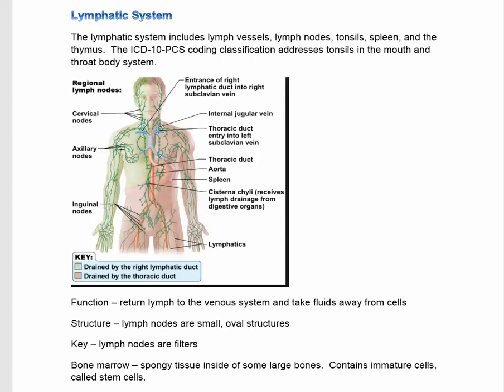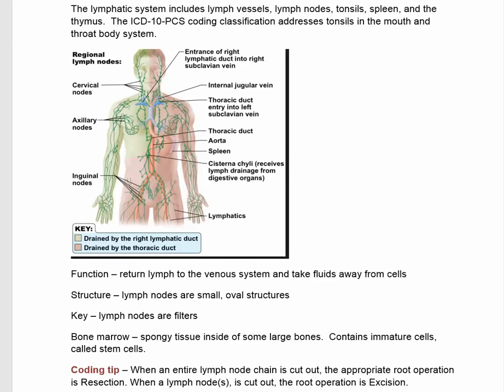Functions of the lymphatic system are to return lymph to the venous system and take fluids away from cells. The lymph system also provides a defense mechanism. Lymph is similar in consistency to blood plasma. Structurally, lymph nodes are small oval organs and they act as filters.